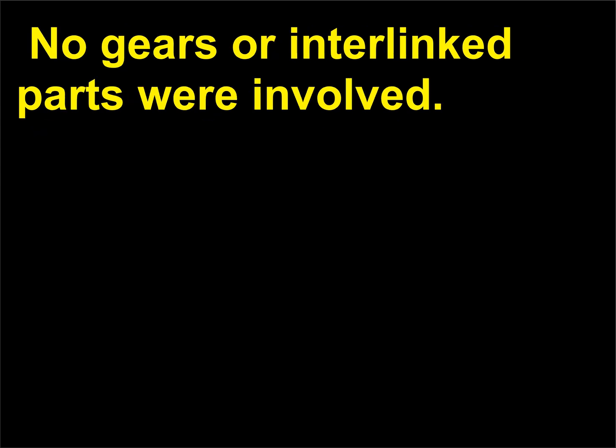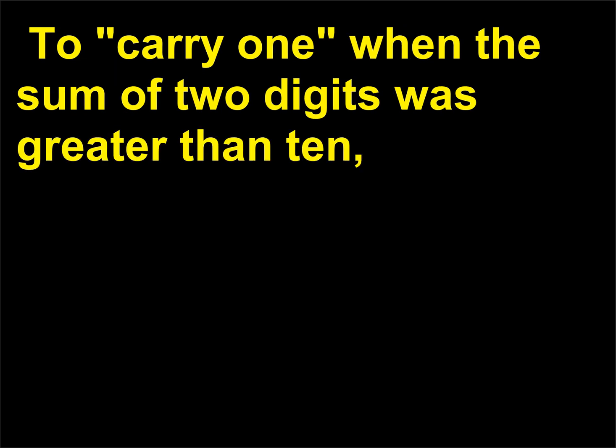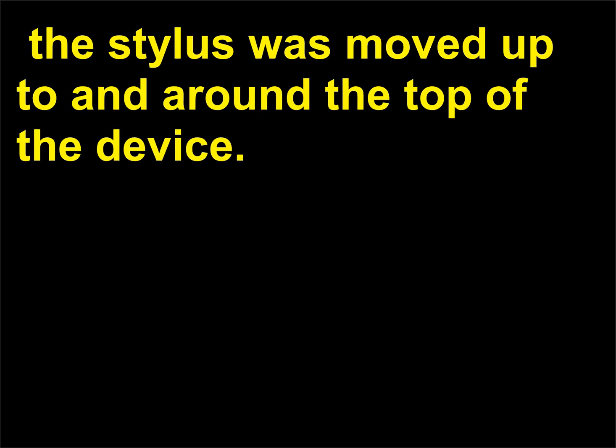No gears or interlinked parts were involved. To carry one when the sum of two digits was greater than 10, the stylus was moved up to and around the top of the device.